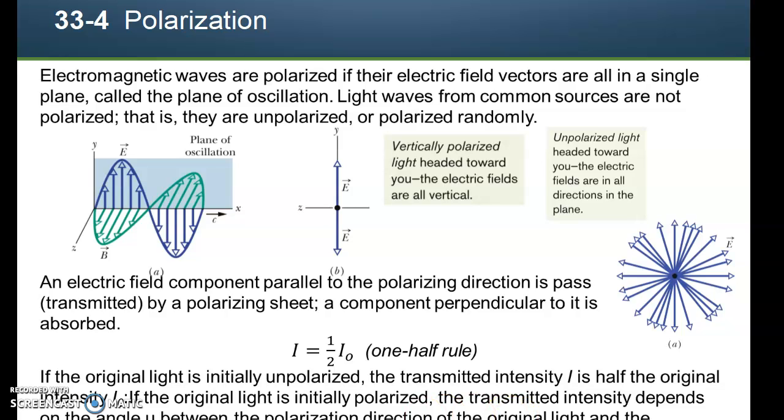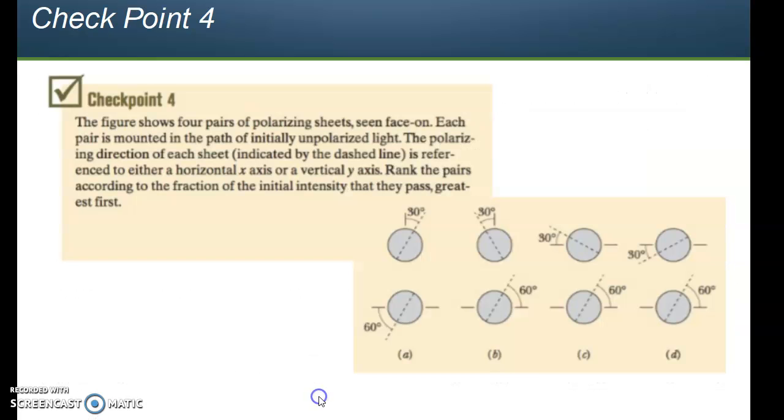It goes by I equals I sub 0 cosine squared theta. This is the cosine squared rule. Okay? And I think that's about what we want to cover on that particular slide.